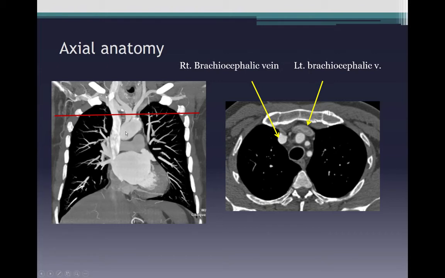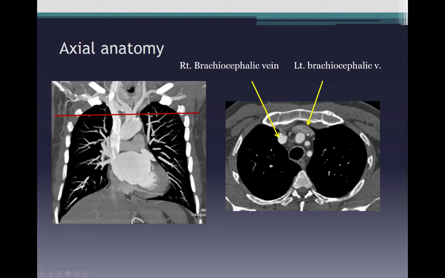And we can see here on this structure, the SVC is here, and the right brachiocephalic vein comes from the right side as an extension to the right subclavian vein, and the left brachiocephalic vein, which is not in this section, will come all the way from there, go anterior to the branches from the aortic arch, and join the right brachiocephalic vein to form the SVC going down.